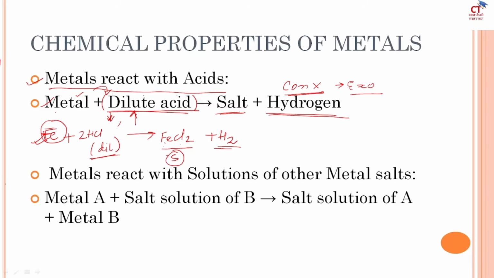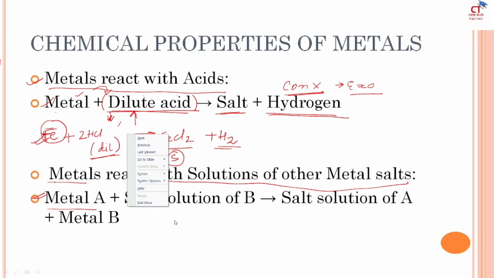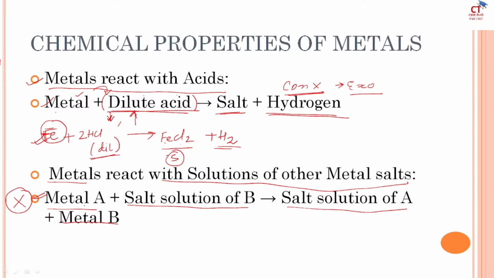Okay. And now let's learn about how metal reacts with solution of other metal salts. In this case we are seeing that metal A, when reacted with salt solution of B, there is a production of salt solution of A plus metal B. Can you tell me what type of a reaction is this? Yes, you are right.